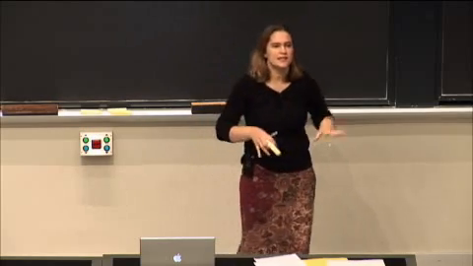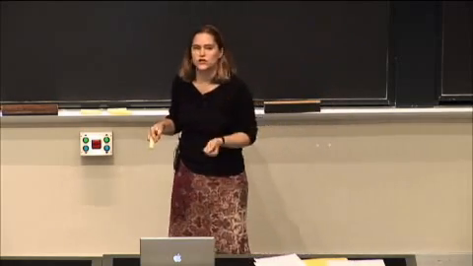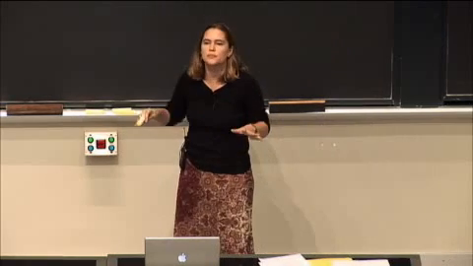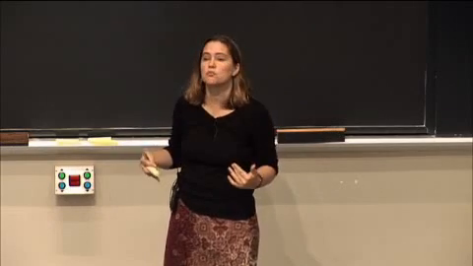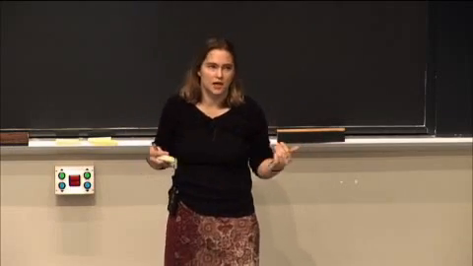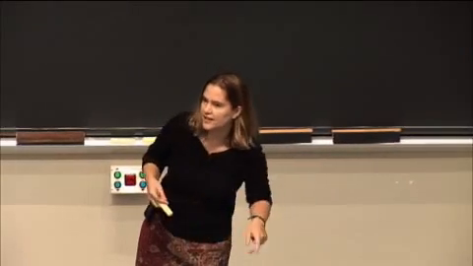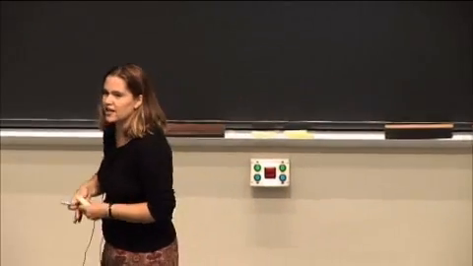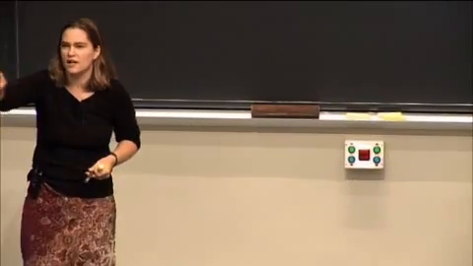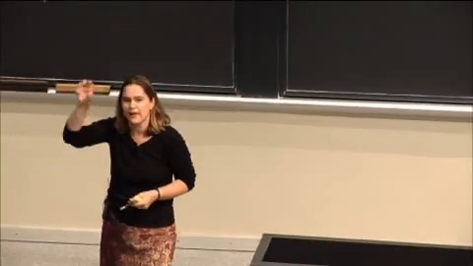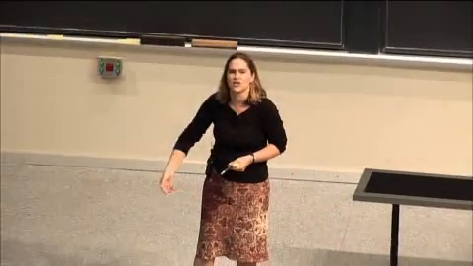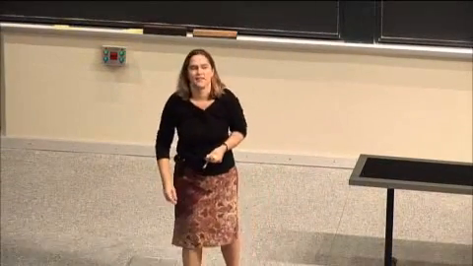So again, this is how you would predict the direction of the shift with Le Chatelier, based on the simple idea that when a stress is applied, the system will respond in a way to minimize the stress. I talked about last time that this concept of minimizing stress is difficult for some MIT students, but you just have to memorize that in this case, we're predicting how a system will shift to minimize that stress.